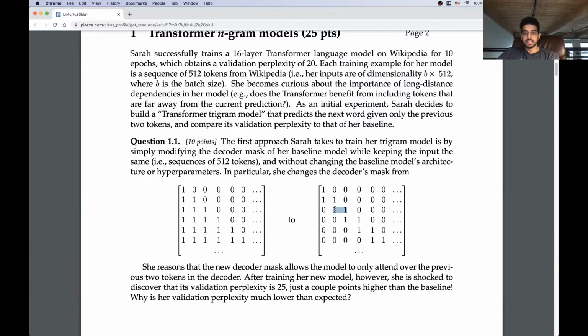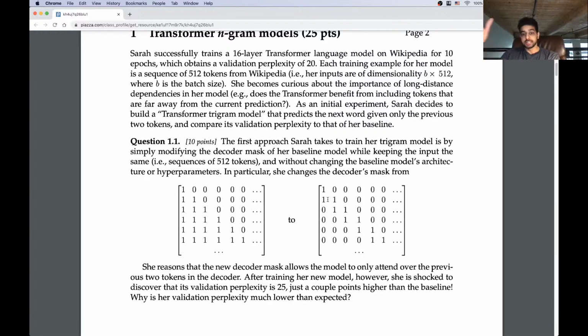So that means that at layer 2, when I unmask this representation, this thing already has information about the previous two words. So gradually, as you go up in the network, even though your mask is only allowing you to see the last two representations at the previous layer, you're going to be increasing your receptive field.